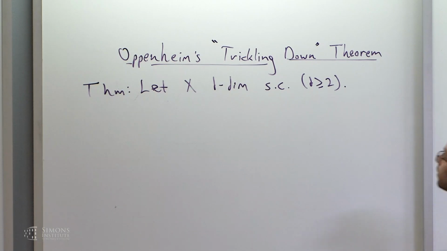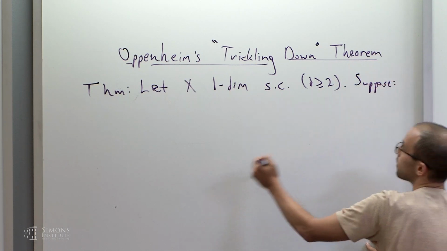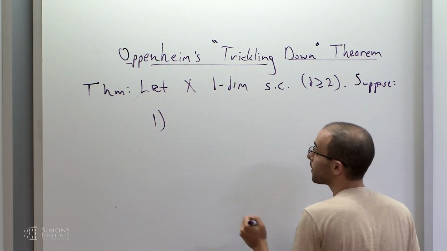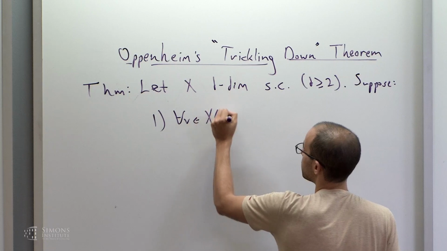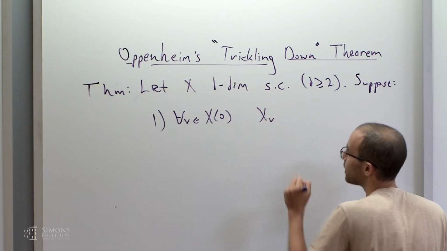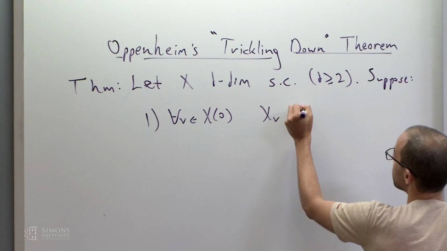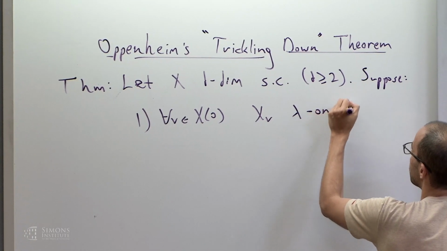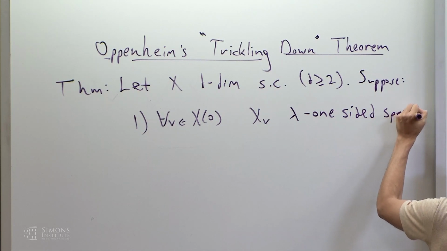And suppose two things. The first thing is that for every vertex v, X_v is very well connected. What do I mean by very well connected? It is a lambda one-sided spectral expander.